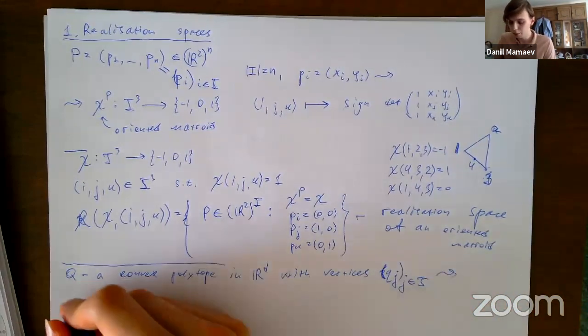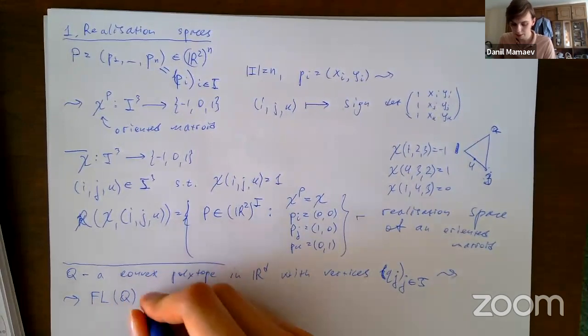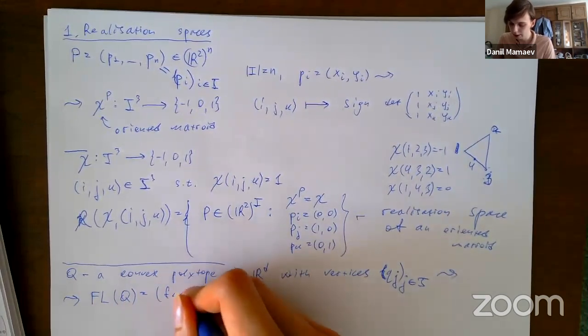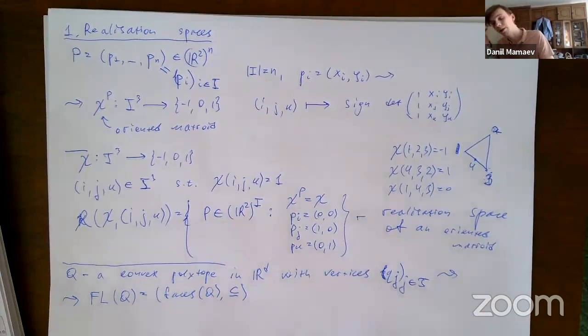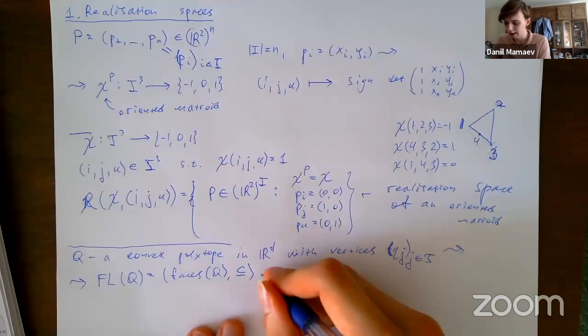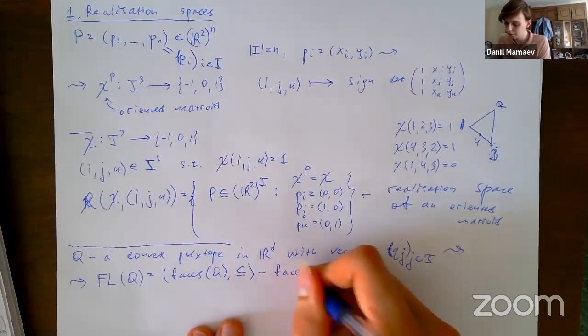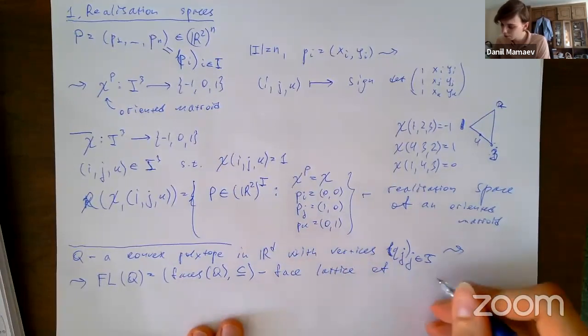From this polytope, we get a lattice of its faces. These are the faces of Q with the inclusion relation, and it's a lattice, the face lattice of Q.